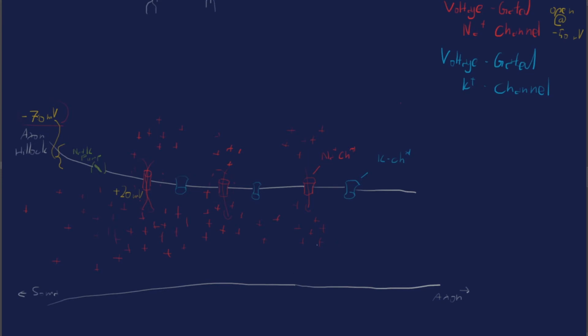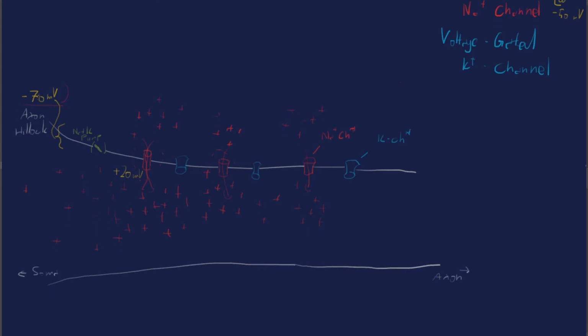Actually, what happened initially, you had some negative charge on the membrane. Here I'm going to draw the voltage. So it was positive outside and negative on the inside of the cell. But then what happened is that these actually flipped.